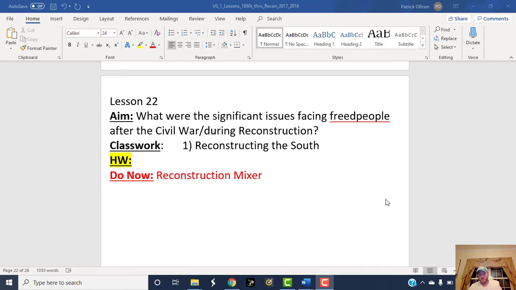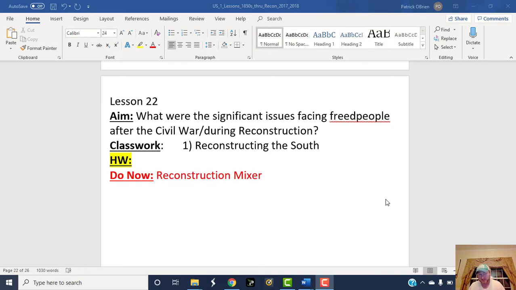In a subsequent lesson we will go over exactly what's meant by Reconstruction, but for now it's enough to know that it stands for the decade and a half or so after the Civil War in which the Union attempted to reincorporate the Southern secessionist states back into the Union, and they attempted to reconstruct the Constitution with the 13th, 14th, and 15th Amendments, and they attempted to help 4 million freed people adapt to their newfound freedom. And when there's a D in there, freed people, it means people freed by the Civil War.